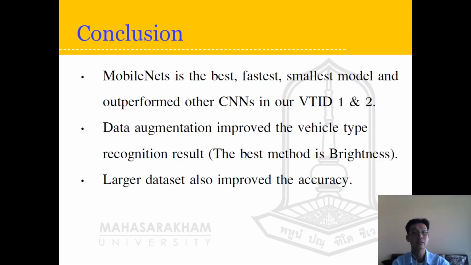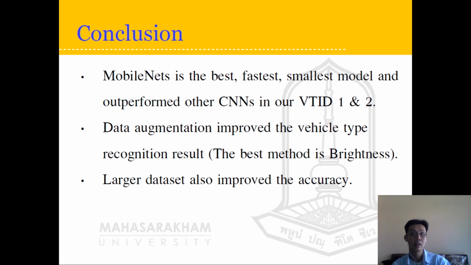In conclusion, we found that MobileNet is the best, fastest, and smallest model, and outperforms other CNN on our VTAD1 and VTAD2 datasets for vehicle type image recognition. Also, we found that data augmentation has improved our vehicle type recognition result, with the best method being brightness.